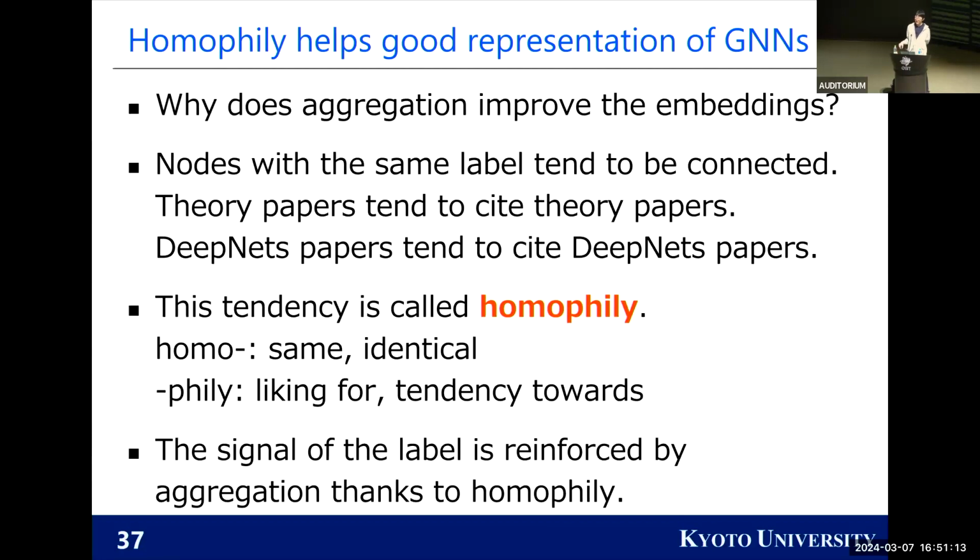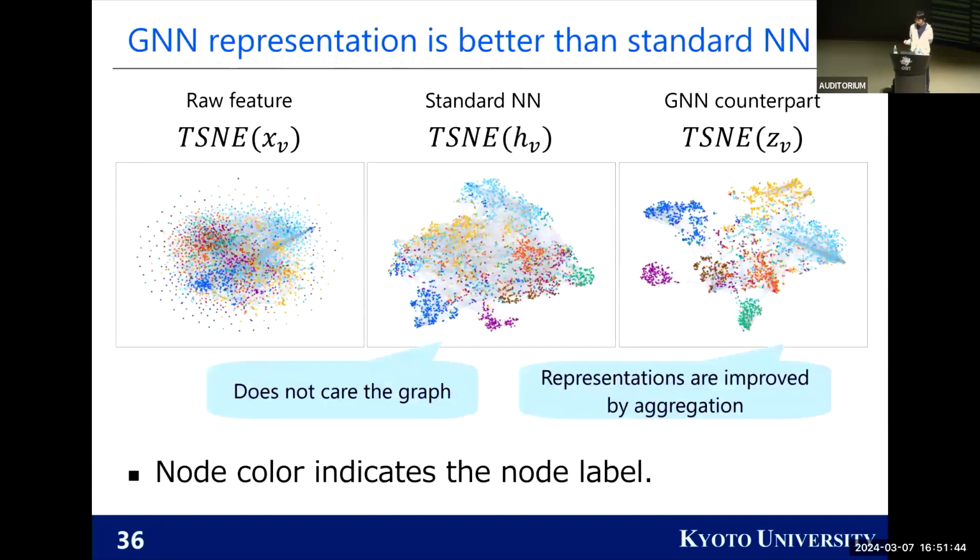But by taking the average, and thanks to homophily, we can surely say that most of the surrounding nodes have the same label. So we can reduce the noise by taking the average, and the node features are concentrated toward the center, or the mean vector, of the true label, so that we can make the embeddings in a clustered way, like the previous visualization shows, right?